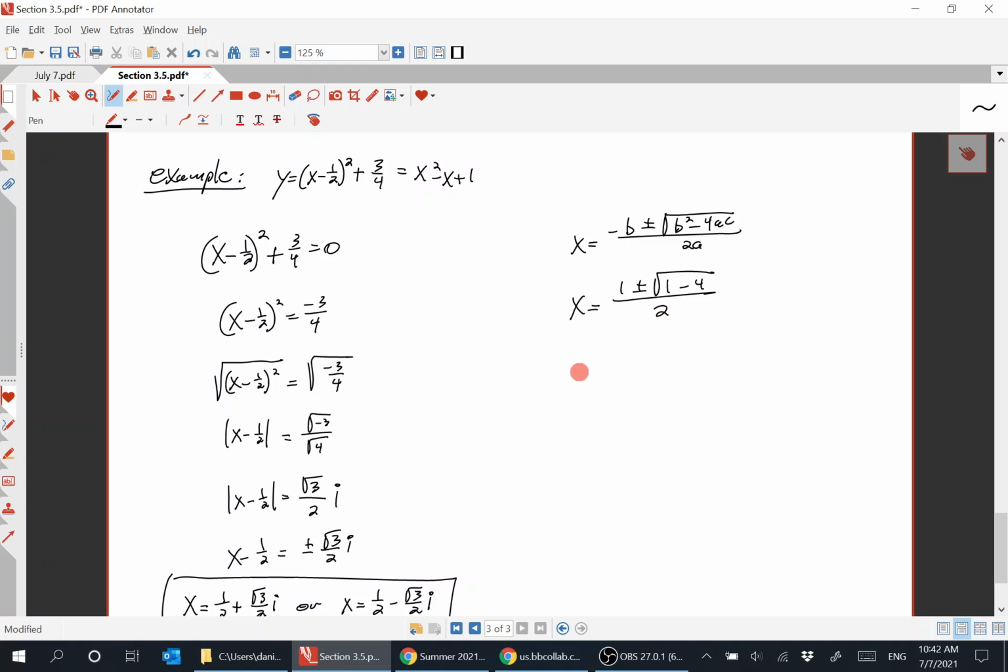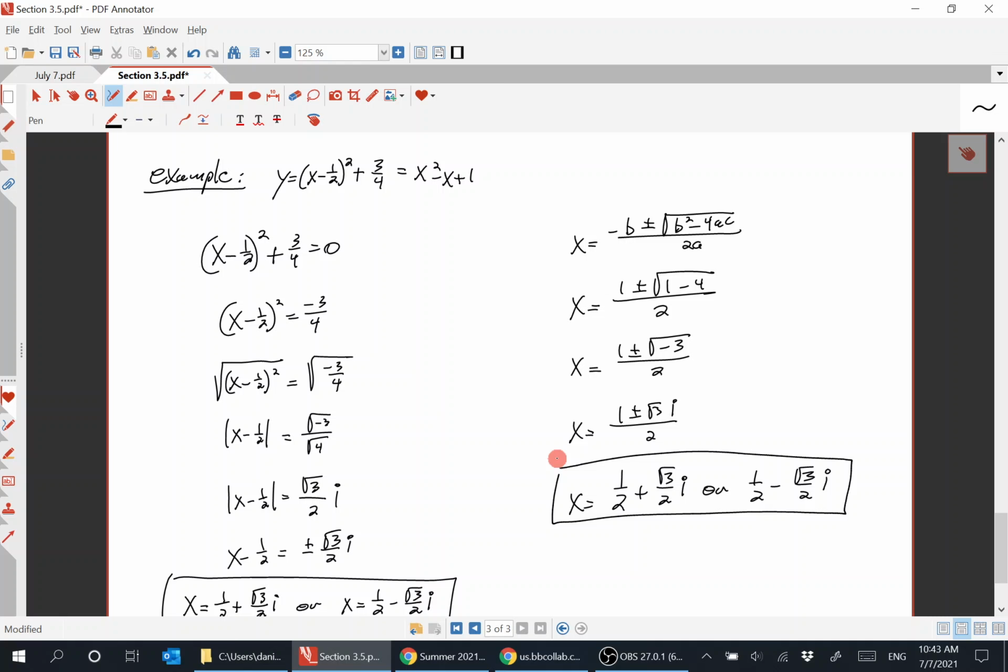But a is just 1, so x is equal to 1 plus or minus square root of minus 3 over 2. So x is equal to 1 plus or minus root 3 i over 2. So x is equal to 1/2 plus root 3 over 2 i, or 1/2 minus root 3 over 2 i.